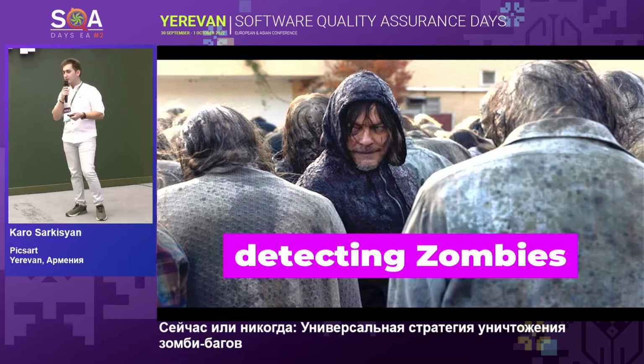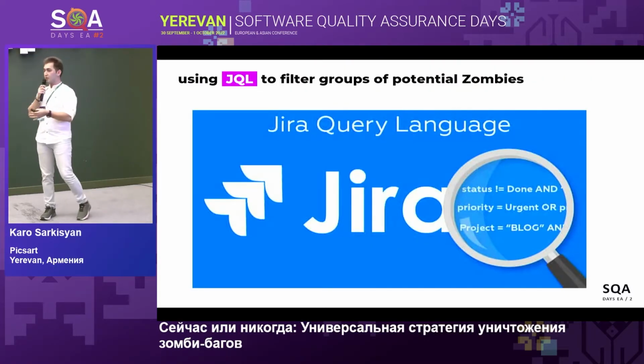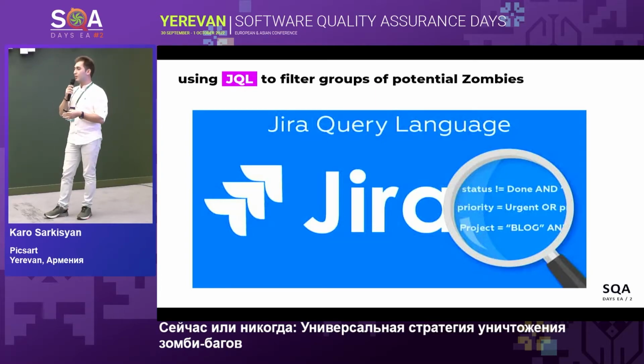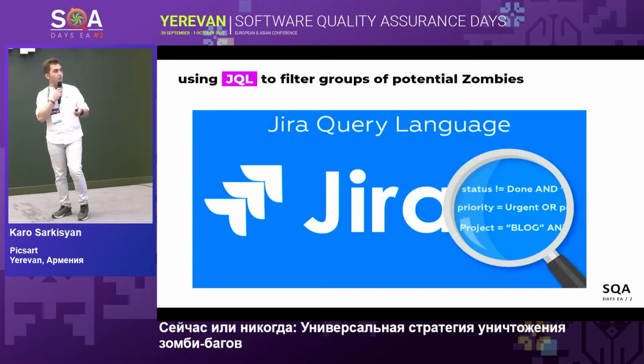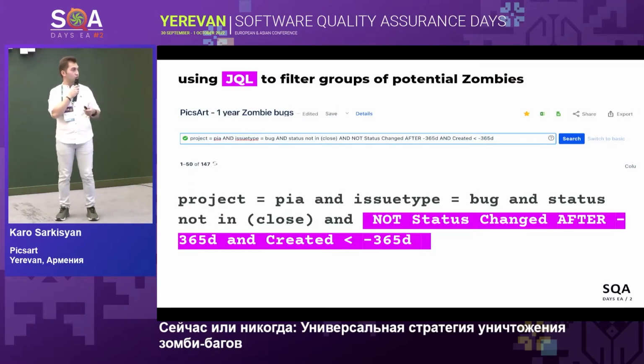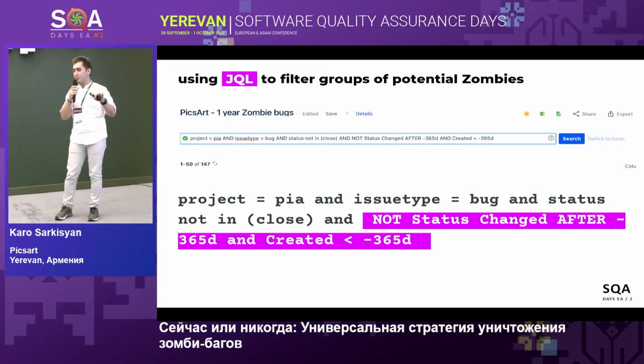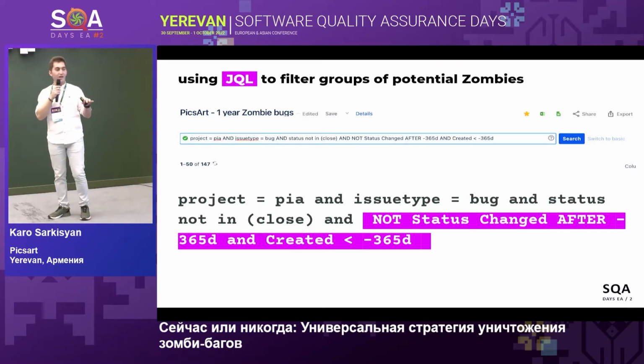So, detecting the rest of the zombies. For detecting zombies which were opened on the valid components, we used Jira Query Language. By JQL, we searched for issues which stay in our backlog, which were opened, for example, 2 years ago, where no one took action and the status was not changed after.